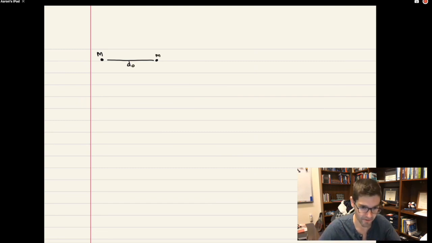So, for example, suppose I have a particle m, and it's separated by a distance d naught from another particle m. Then after some time, they become a distance, say, d naught over 10 away from each other.